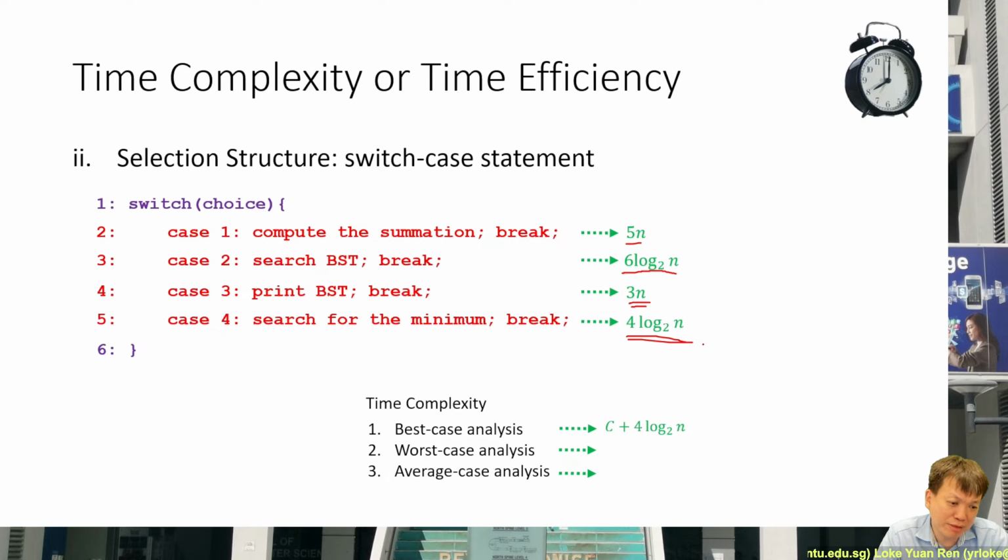You just simply substitute some number n and you will know. Say n equal to maybe a power of 2, let's say n equal to 1024. 1024 is 2 to the power of 10.